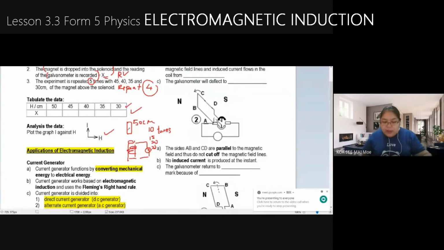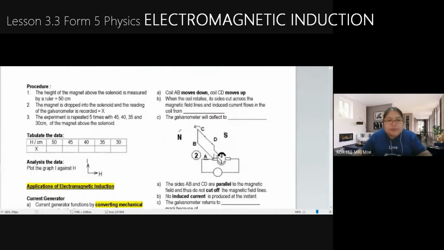Third one. Now the speed is constant, the height is constant, and the number of turns is also constant. Now I say the magnetic field becomes the responding variable. How to make the magnetic field stronger? Now I want to adjust the magnet.